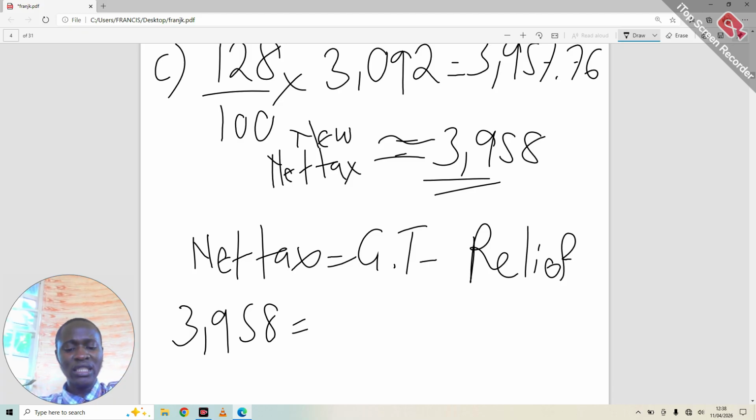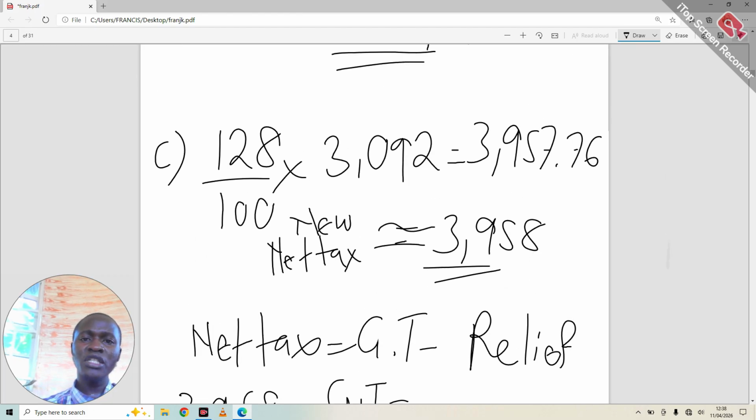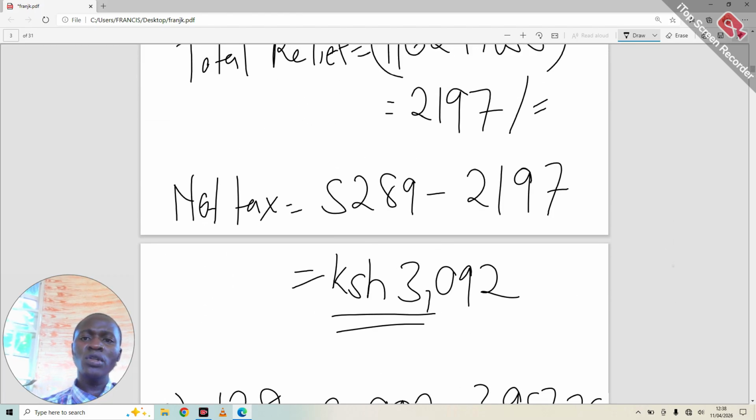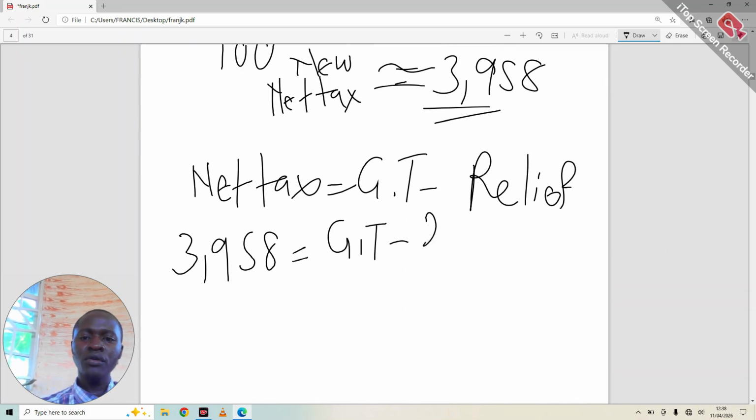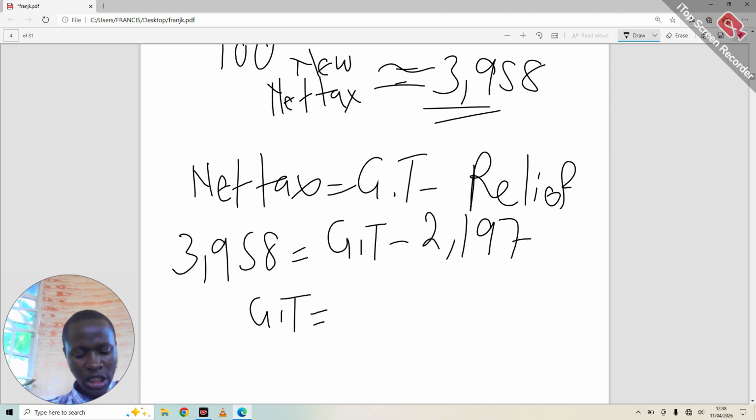Remember, this guy's earnings were increased, and if the earnings were increased, that means the gross tax also increased. So we don't have the gross tax, but the relief remains constant. So what was the total relief? 2,197. So what is our gross tax in that particular year?